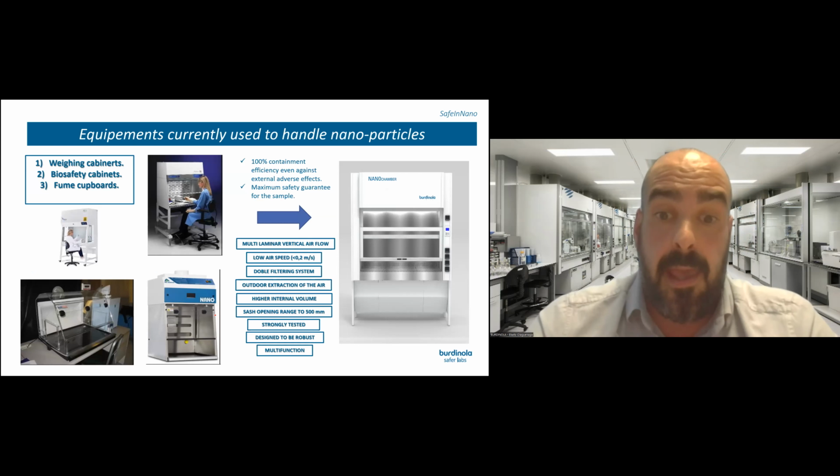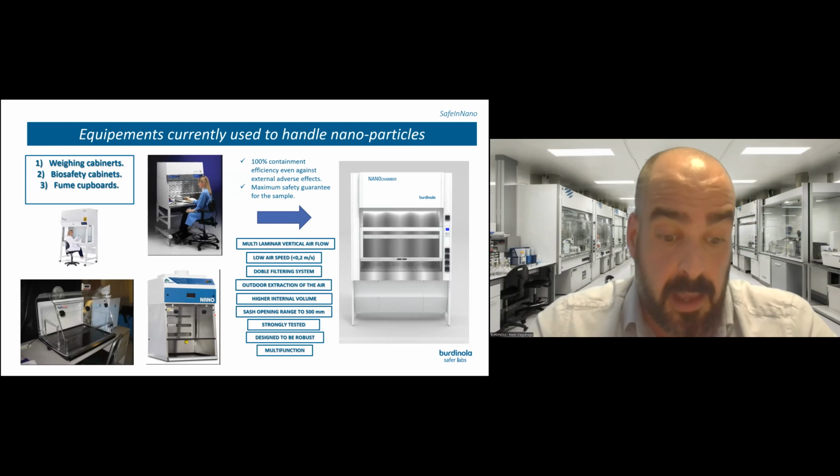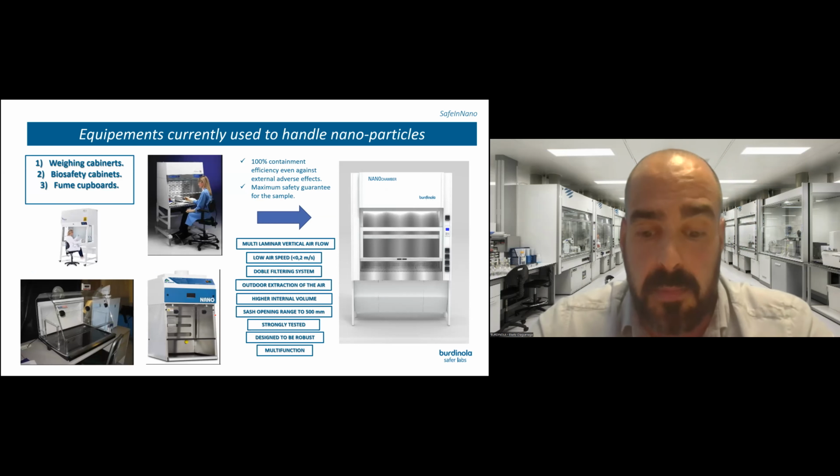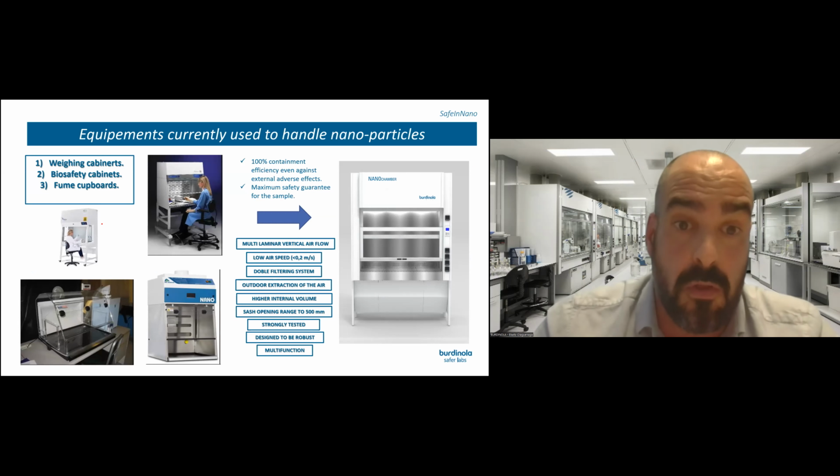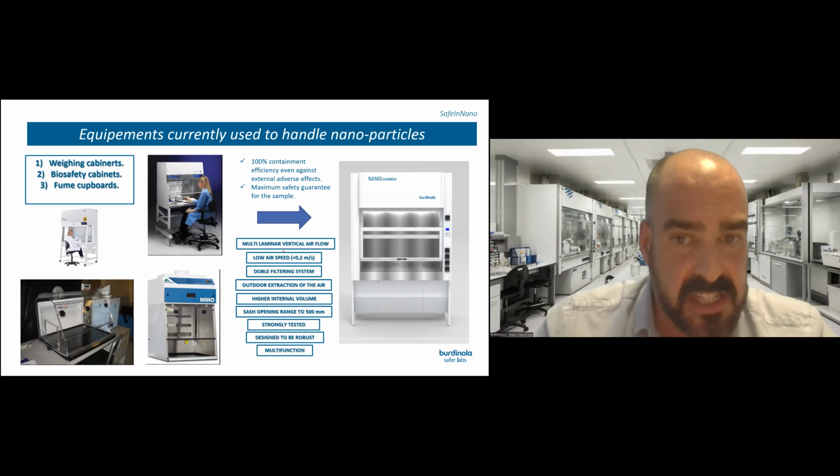Just as a summary, these are the critical requirements that a nanochamber meets that are not met by other equipment. We are using a multilaminar vertical airflow and very low air speeds, so there is no air exchange.